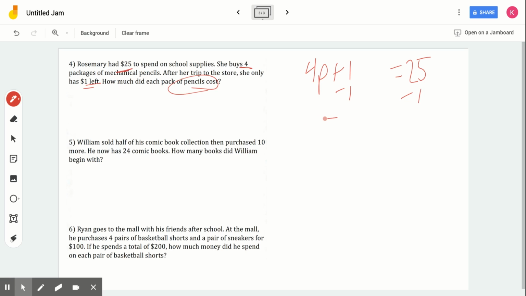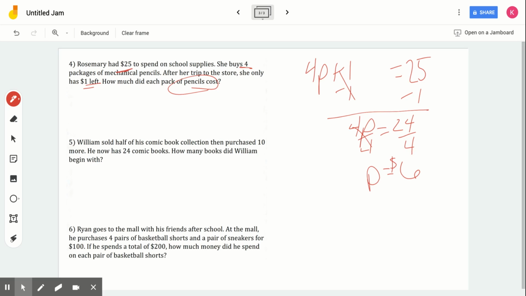We can use our inverse or opposite operations to solve our equation. And when we divide by 4 on each side, we can find that the pencils were equal to 6. But since it's asking about how much the pencils cost, our label would be dollars because it's asking us how much were they.